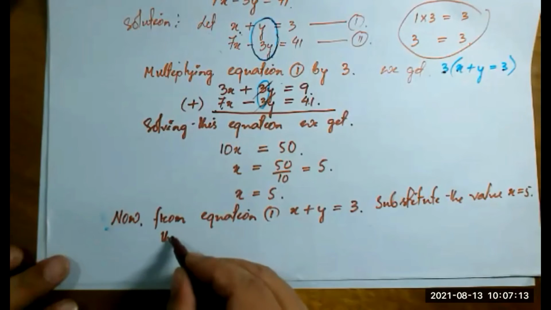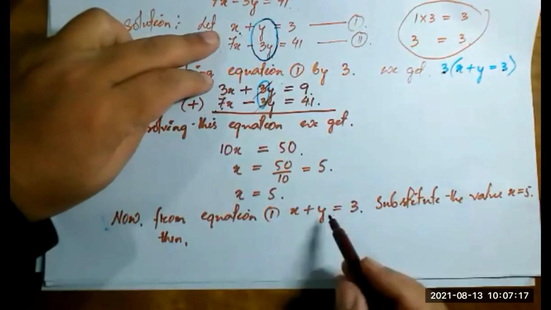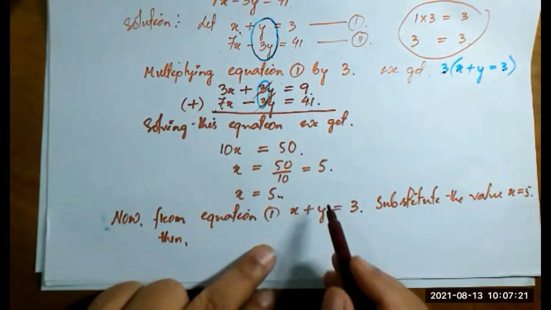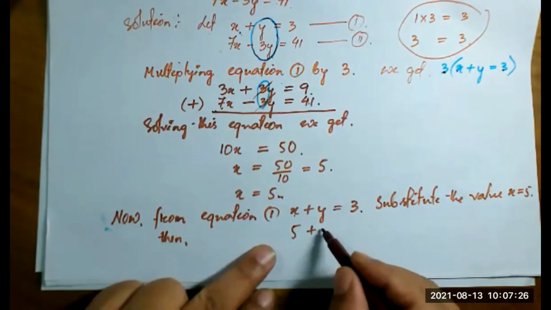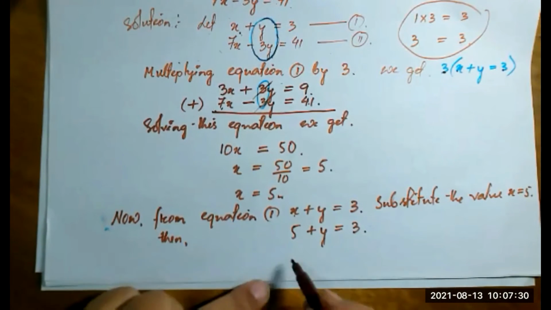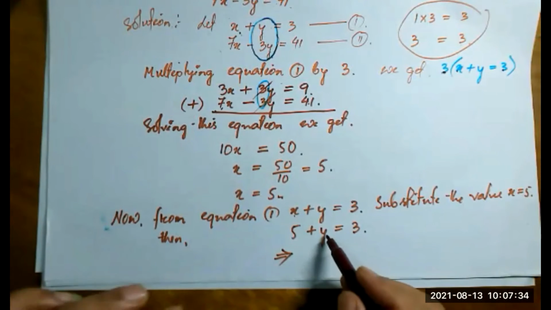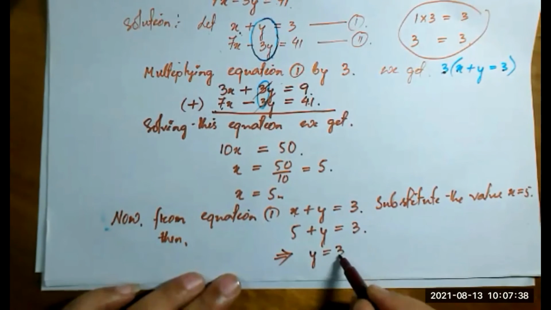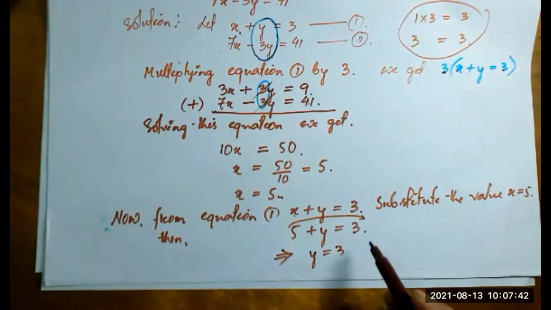Then equation 1, x is 5, so 5 plus y is equal to 3. This implies y value.